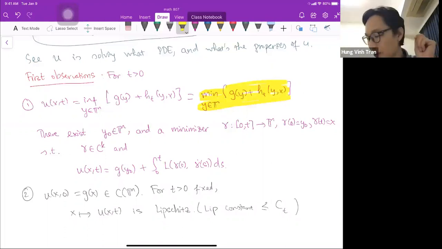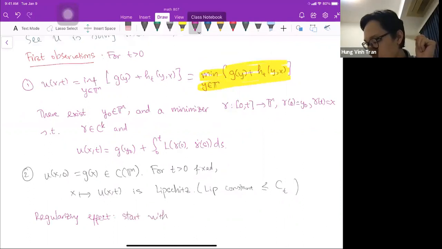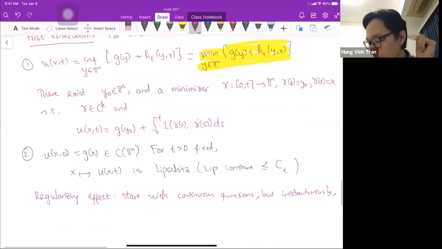So this is the so-called regularizing effect: you start with a continuous function, but instantly u becomes Lipschitz.